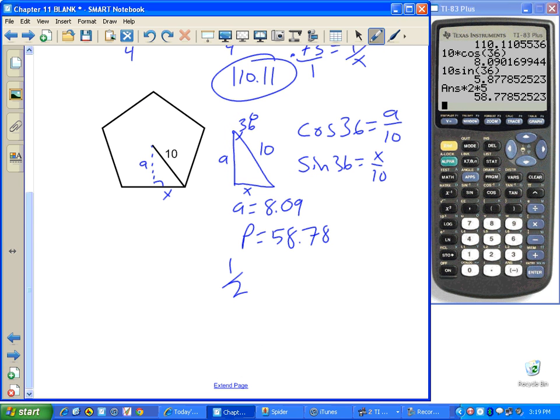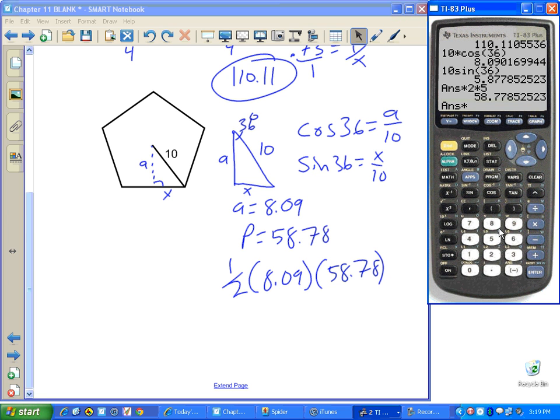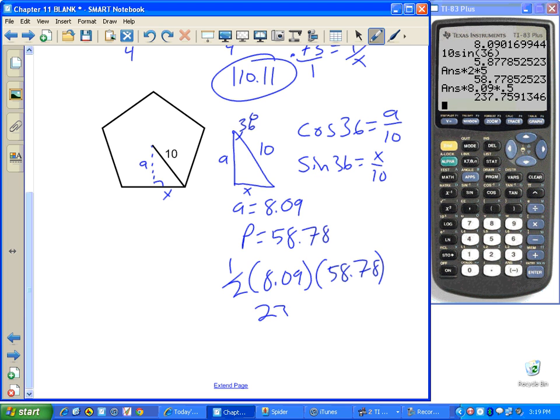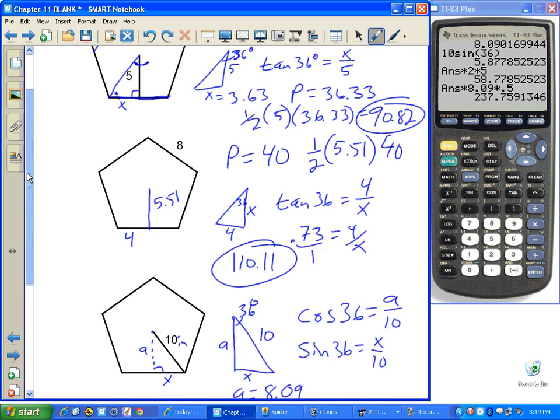Then I can do 1/2 apothem times perimeter. There's my area, 237.76. Okay, and if they have units, if this was inches, this would be inches squared because it's area.